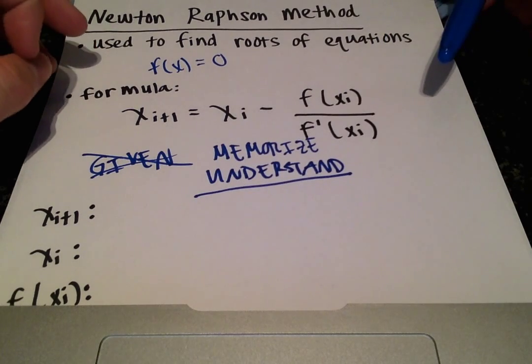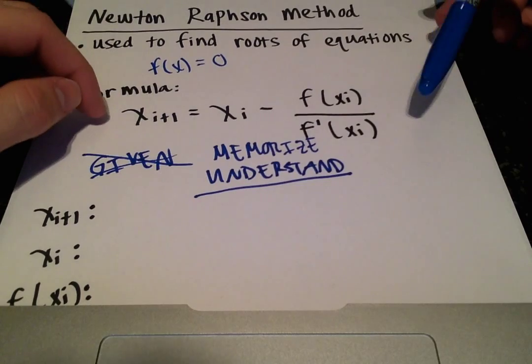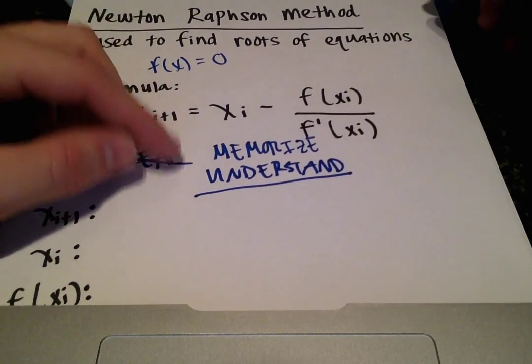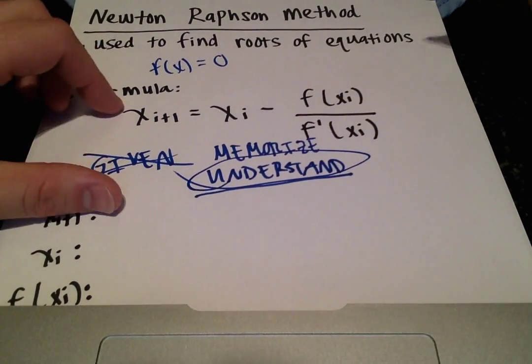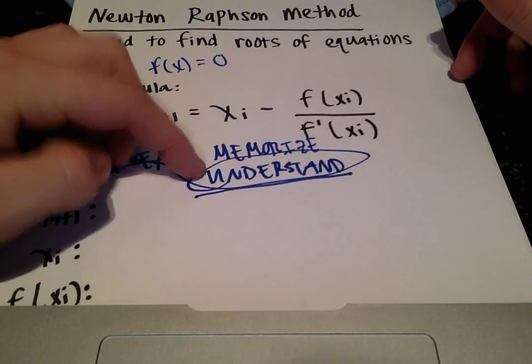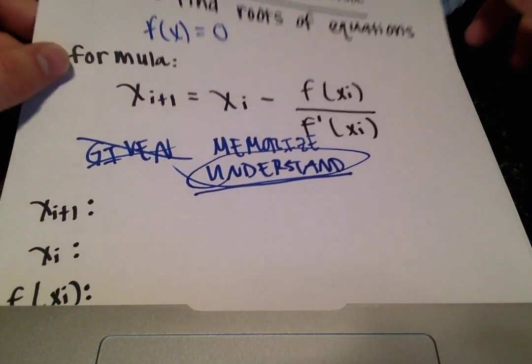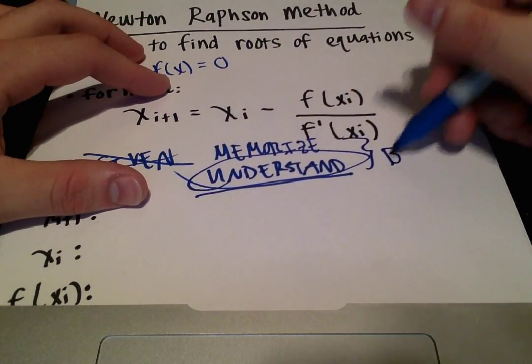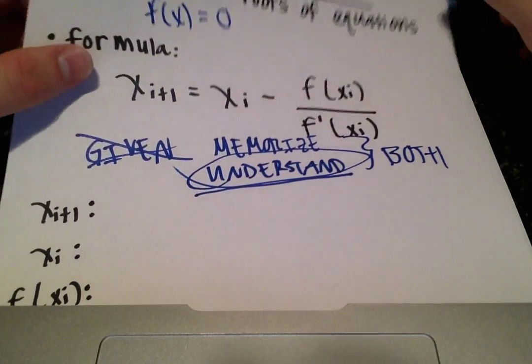So if that's you, and you're in a hurry to just do the problems and practice this, then this video might not be too helpful. But if you really want to understand it, which I would recommend because it'll only take 5 or 10 minutes of your time, I encourage you to keep watching and try to understand this method. But it is always nice to know both: to memorize this and also understand where it comes from.